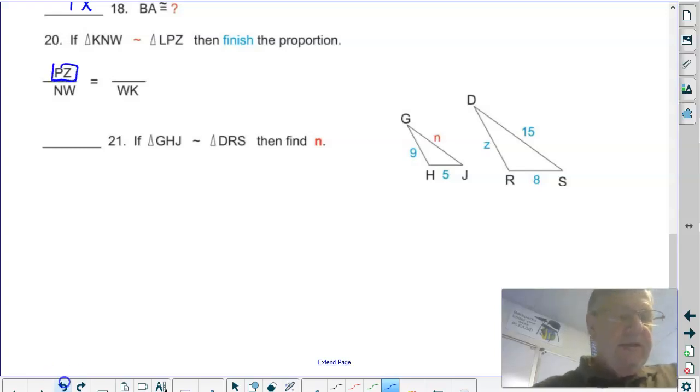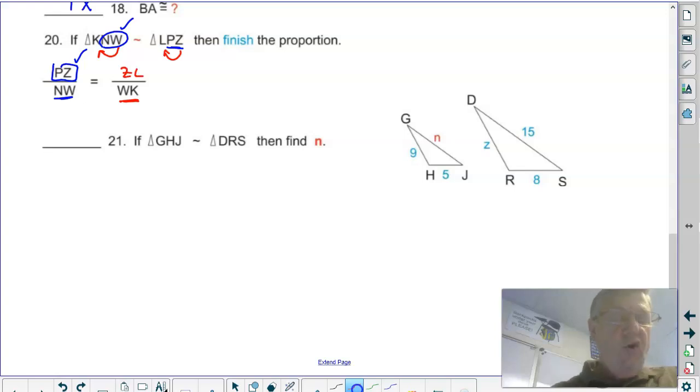P to Z is the top, and P to Z are the second and the third. So I need the second and the third over here. So that would be NW. Okay, oh, nope, I got to pay attention here to what I'm doing. All right, first, second. So let me do it this way. So second, WKZL.